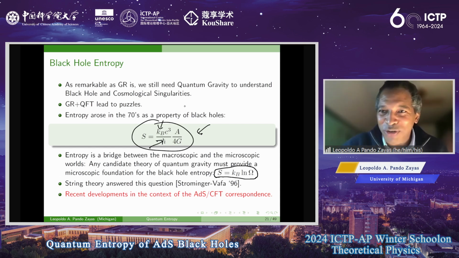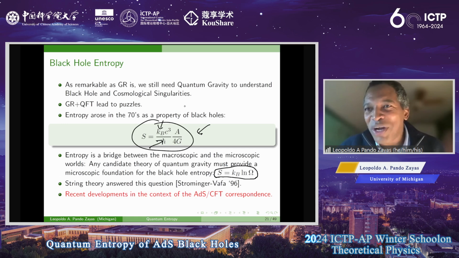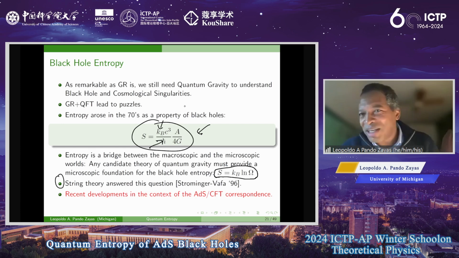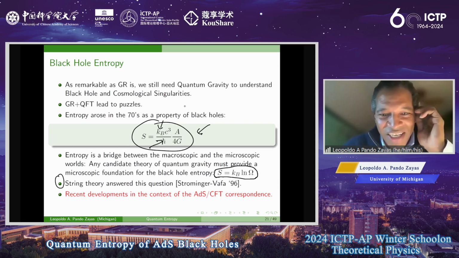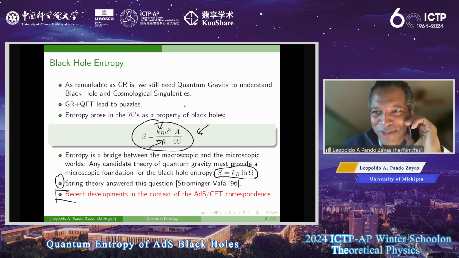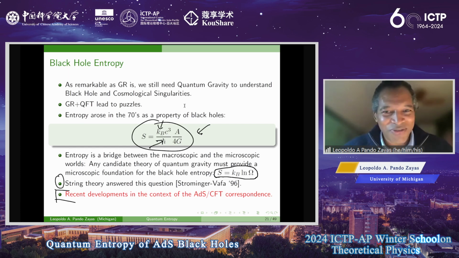That's what we want to do for this formula. And there's nothing in the derivation that I described to you that hints at any kind of quantum analysis, which I think is quite interesting. This is the problem that string theory answered in a specific context in the 90s, and I want to explain some of the advances to you in the rest of the talk.